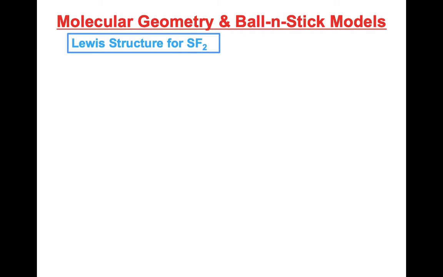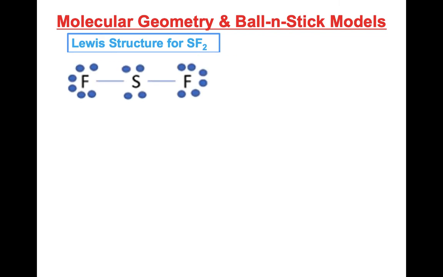The next one is SF2. What's our center atom? And does our center atom have any lone pairs? Sulfur is the center atom, and yes, it does have 2 lone pairs. So those 2 lone pairs are going to push the fluorines away, the bonded pairs attached to the fluorines.